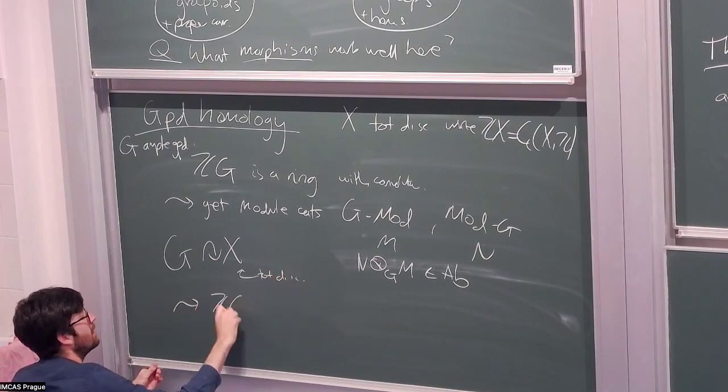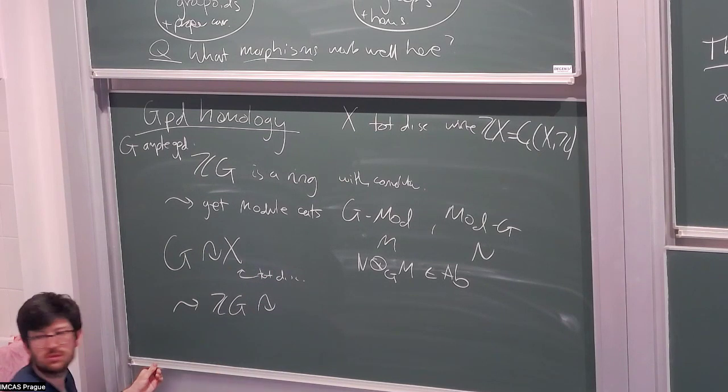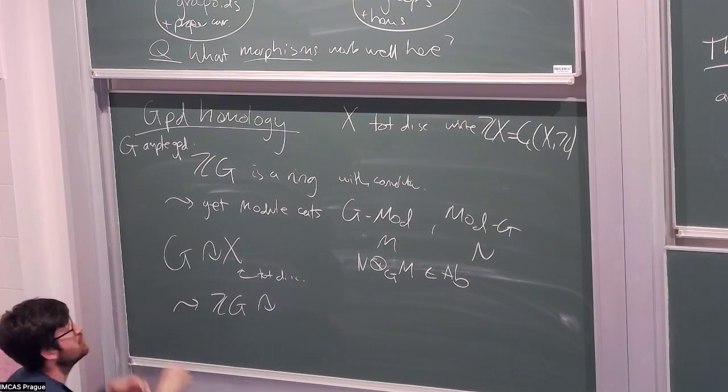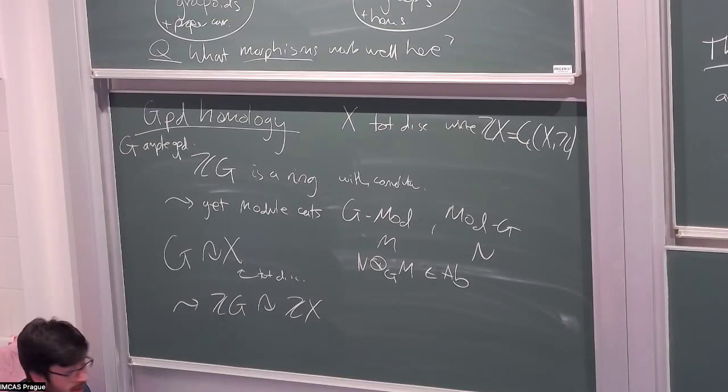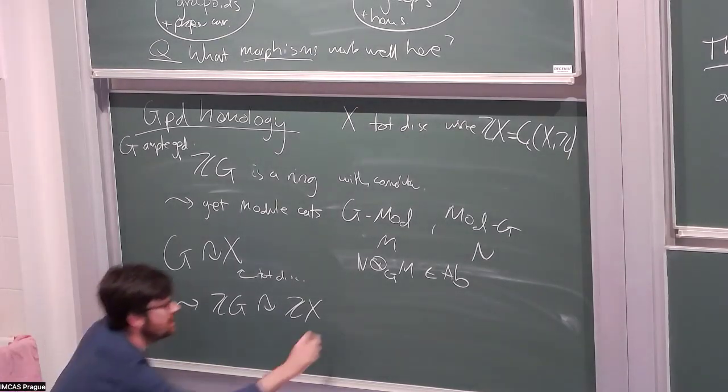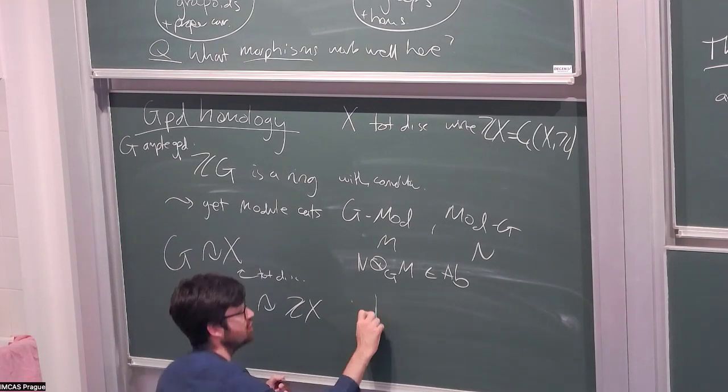You can write down a convolution thing using the action on this abelian group here, and this gives you a ZG module. In particular, you get a trivial ZG module.